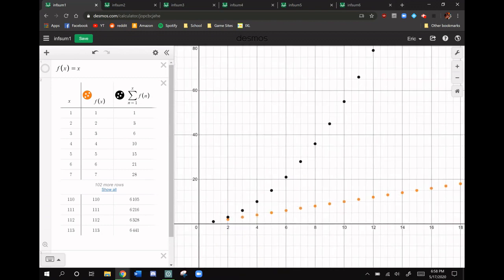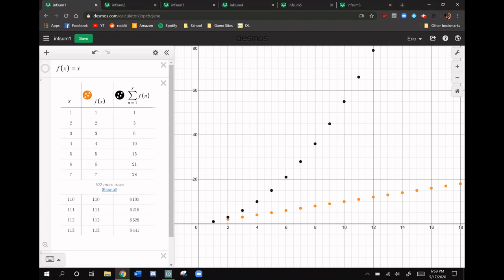So right here, we can see that the orange line is the value of each term, and the black dots are our sum. So when n is 6, my sum is 21.